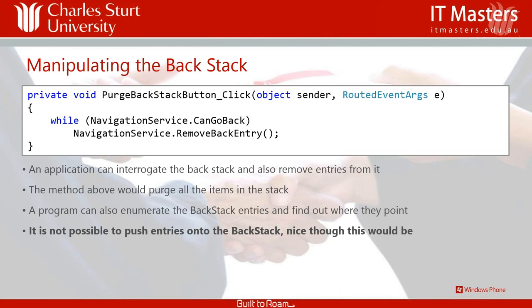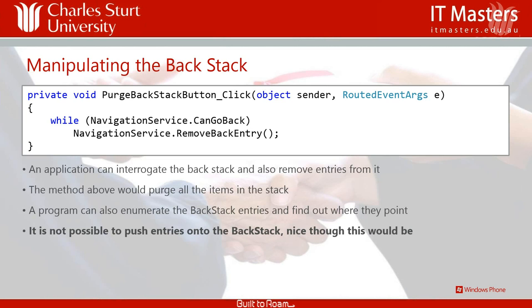However, what we can do is capture the event when the user navigates back. So for example, if they're on the main page of our application and they hit the back button, if we want, we can redirect them to an alternate page within the application and thereby introduce an entry onto the backstack. That kind of thing is not really highly recommended, but there are certain circumstances where that makes sense.